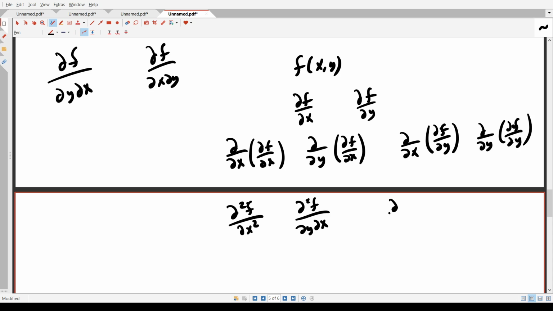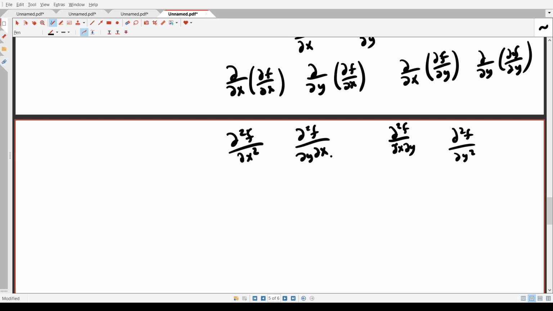This is going to be d squared f dx dy, so the x derivative of the y derivative. And then finally d squared f dy squared. And of course, if I have a third variable or fourth variable, I could also have those; they call these mixed derivatives.